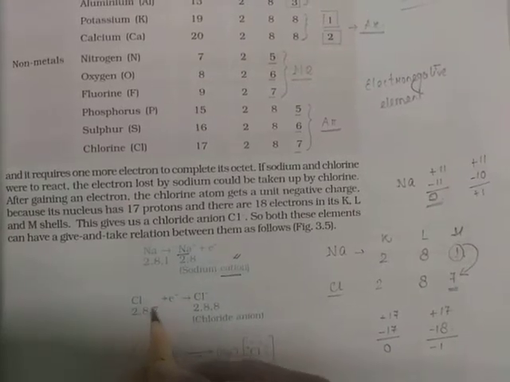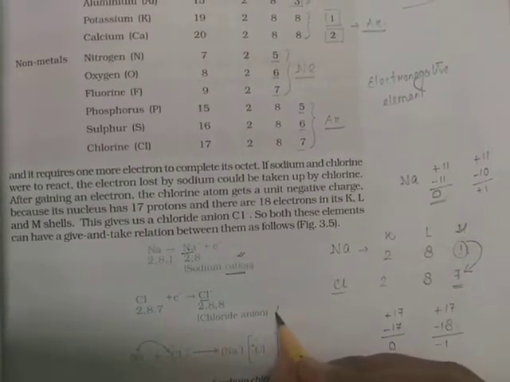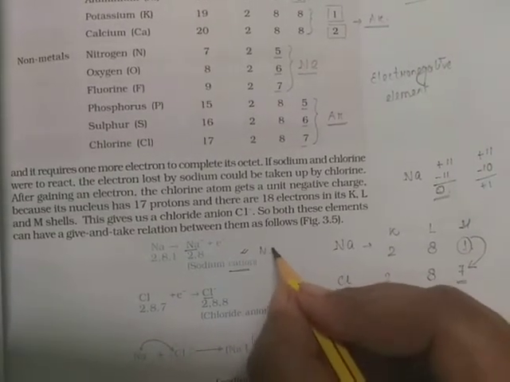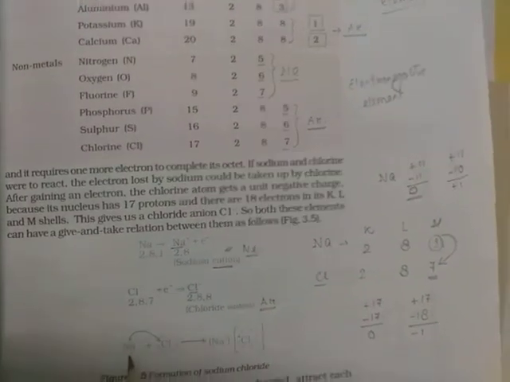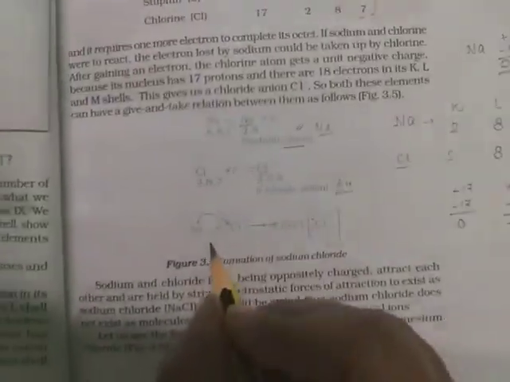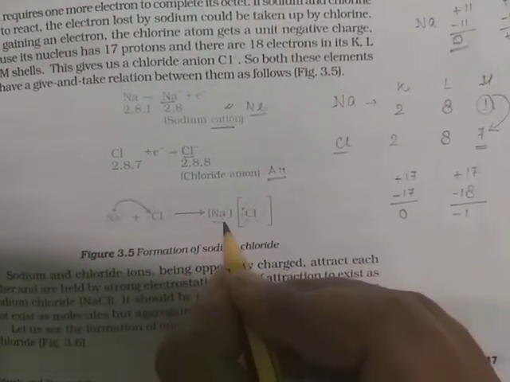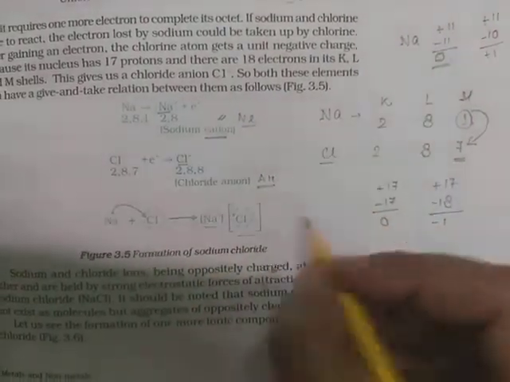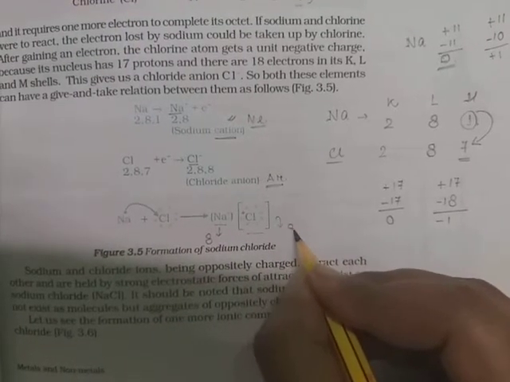So chlorine after gaining electron gets Cl minus, gets the configuration of argon, the nearest noble gas. So the last electron of sodium completely moves to chlorine, and one gets a positive charge, the other gets a negative charge. Both the species have 8 electrons in their outermost shell.